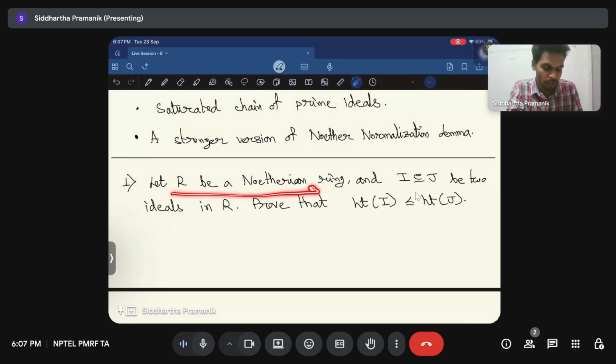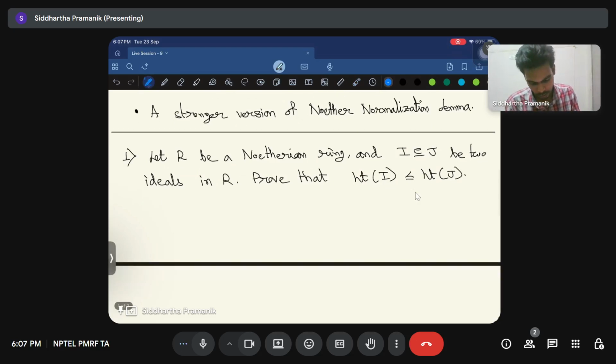In a Noetherian ring, we know the height of every ideal is finite. So let's take I subset of J, two ideals. Then we have to prove the height of I is less than or equal to the height of J. So the problem looks very simple. So let's do it.